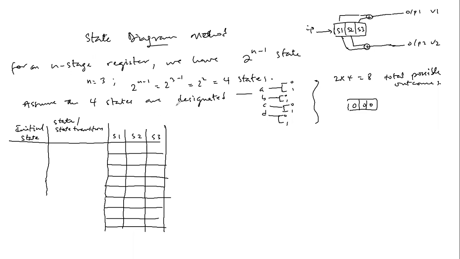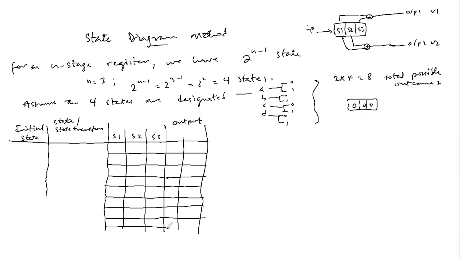Afterwards, we're going to have the output to be 1, 2, right? Pardon the irregular lines. Okay, so this is V1, this is V2.